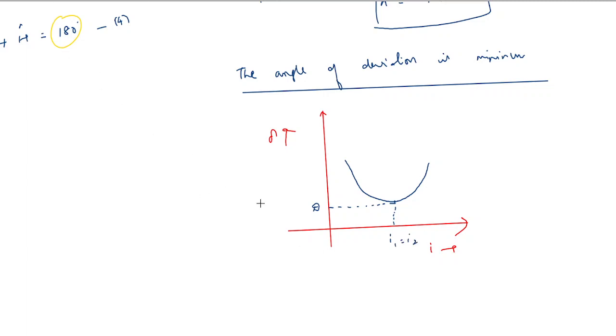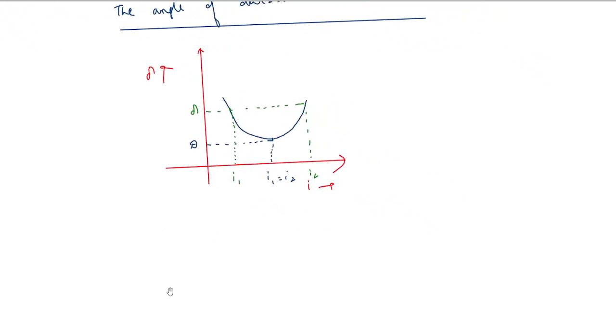For other angles, for example somewhere here, for this angle of deviation, just call it delta itself, I1 and I2 are different. So in this condition, three things are observed. That is, I1 is equal to I2.